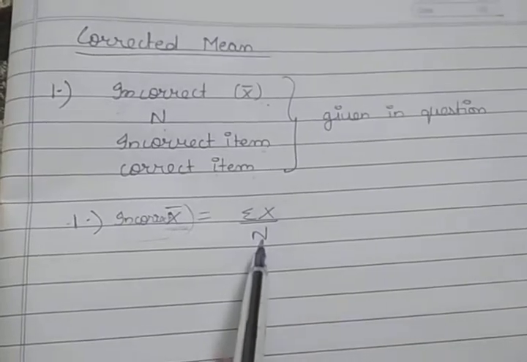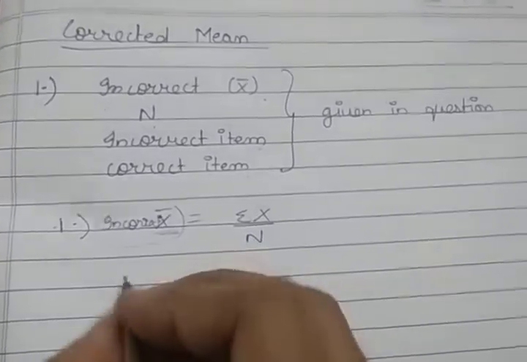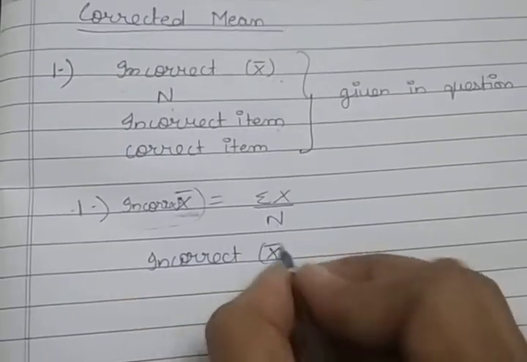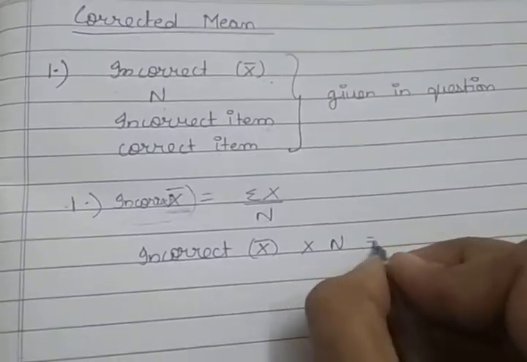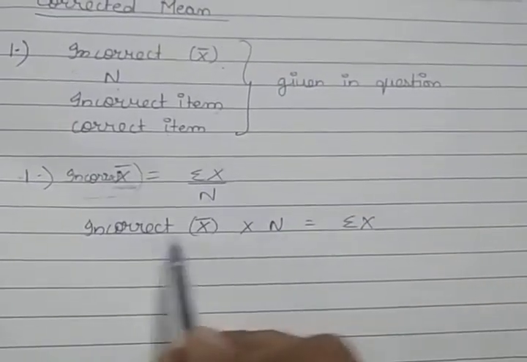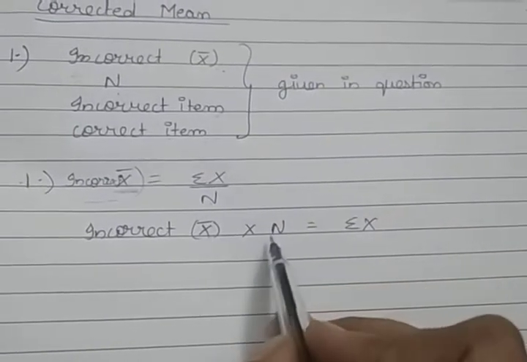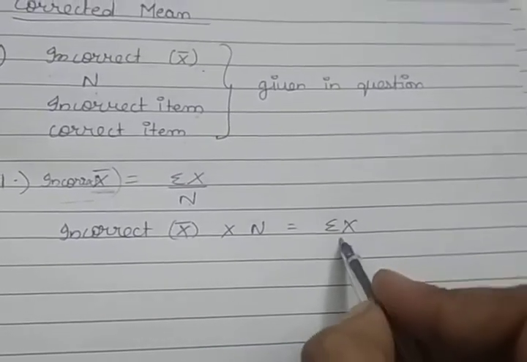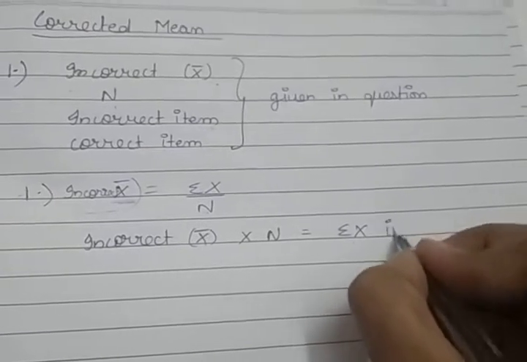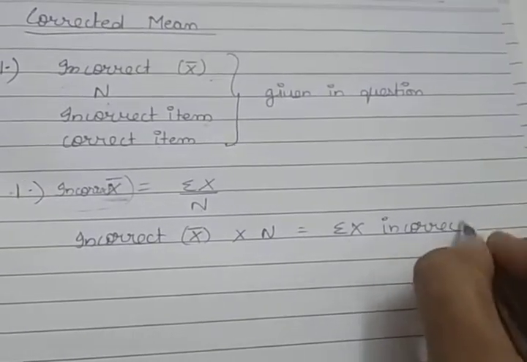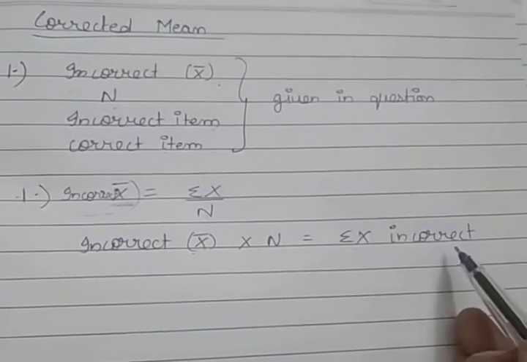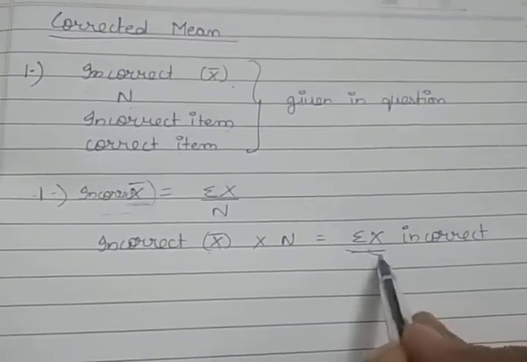So when you cross multiply, incorrect mean multiplied by number of items, you will get summation x. But because the incorrect mean is multiplied with the number of items, this summation x will also be incorrect. So summation x is automatically incorrect. So first we will get this value.